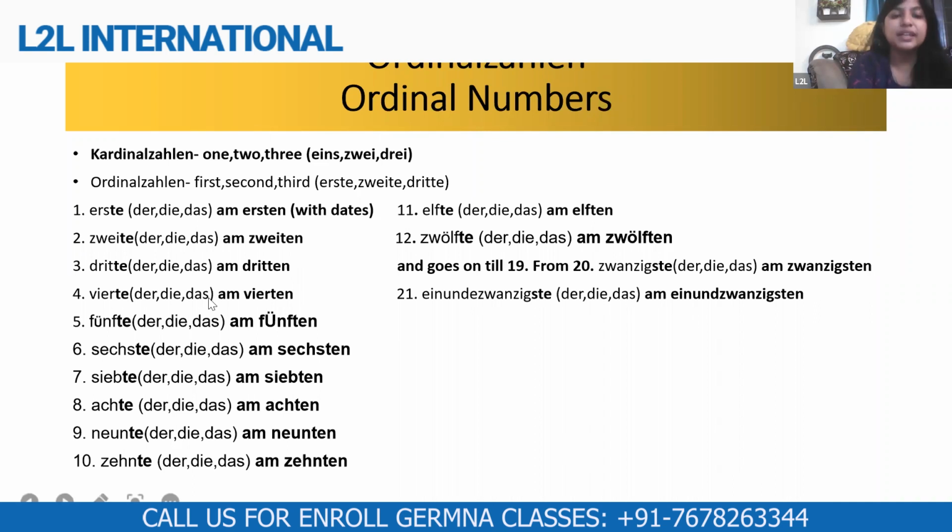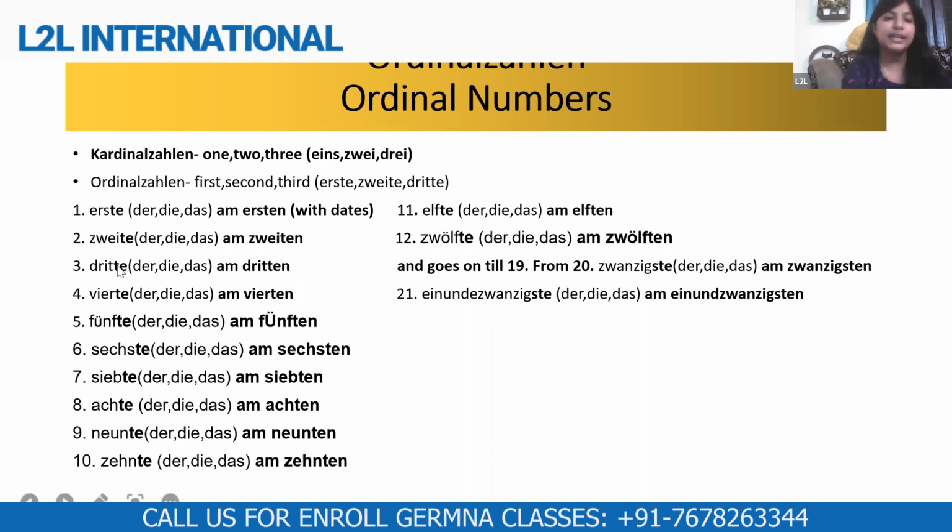Let's say the first one, erster. The first one you need to remember, because normally in the cardinal Zahlen we say eins. So it is not similar to eins, but you need to remember that first is called erster. Basically erst without T.